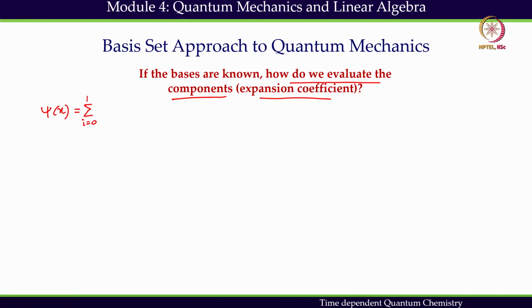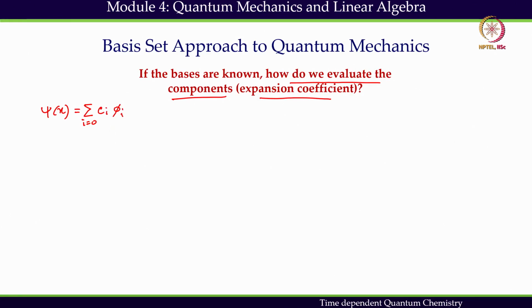I am not writing here n or infinity, because they are equivalent now, since we have said that the infinite Hilbert space and the reduced Hilbert space give the same properties, and rigorous mathematics can be used to prove that, and we will not get into those detailed mathematics. We will just move forward with this demonstration. How do I get this C_i if the basis is known?